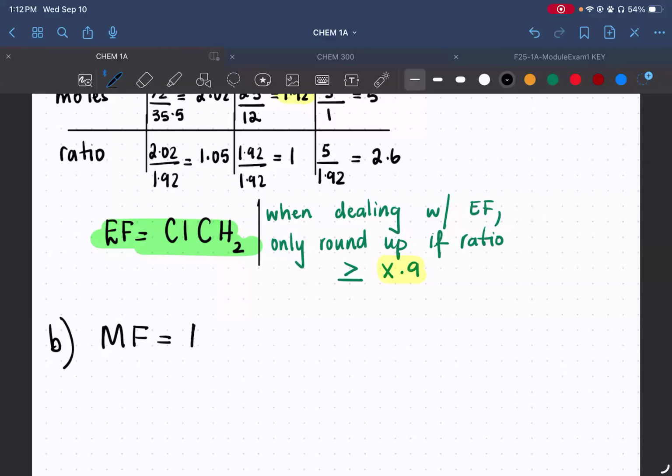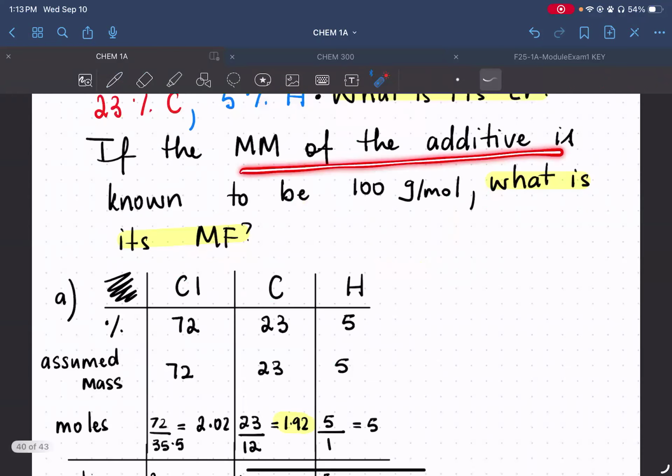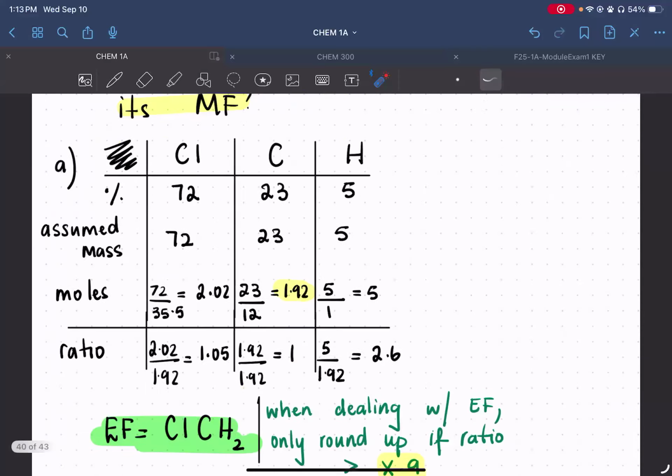MF is equal to the molar mass of the sample divided by the molar mass of the empirical formula multiplied by the empirical formula. We know from the question the molar mass of the sample, that's 100 grams. That was in the question. It did say the molar mass is known to be 100 grams.